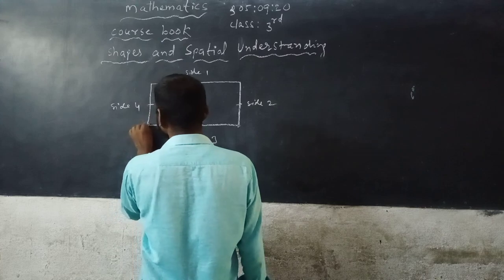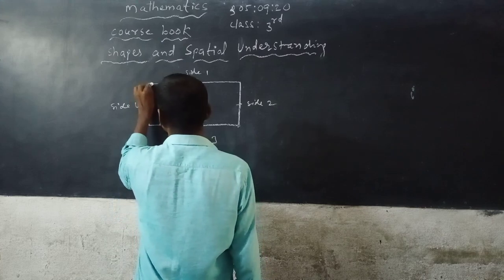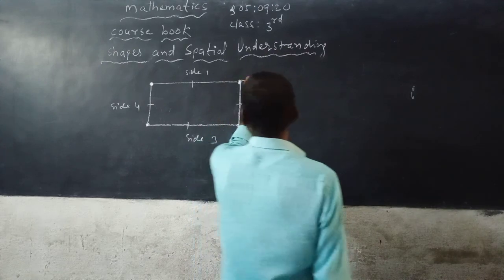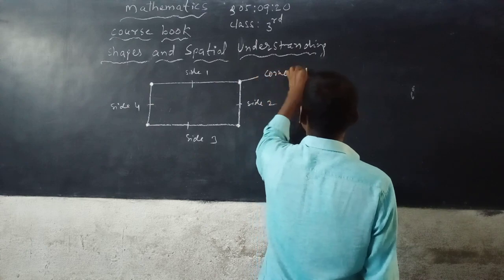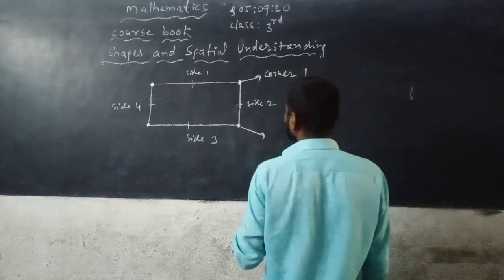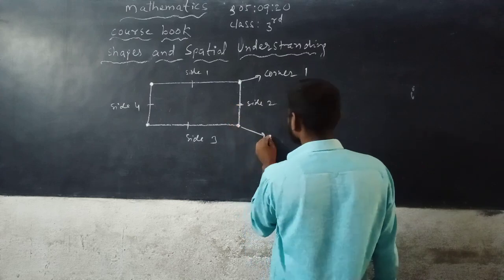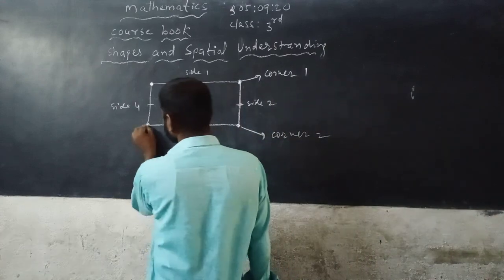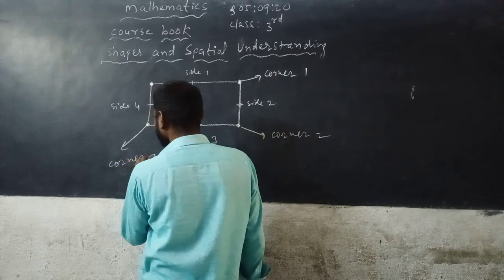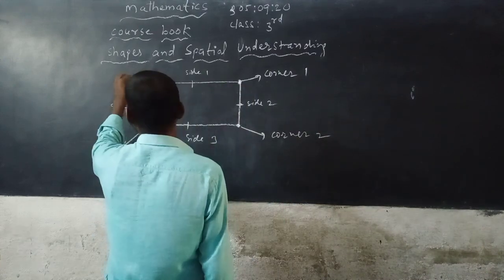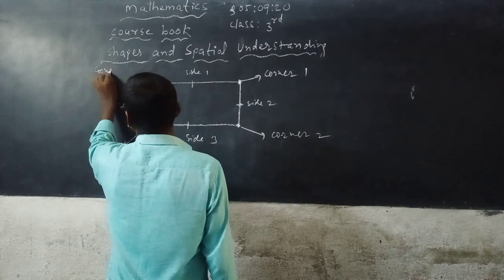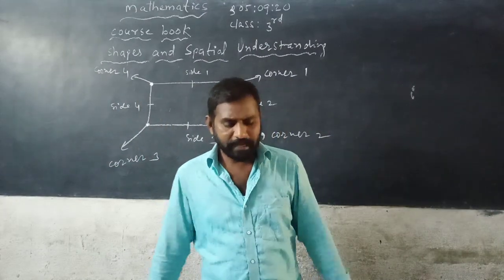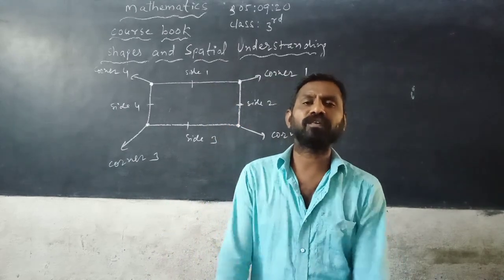These are the corners: corner 1, corner 2, corner 3, corner 4. A rectangle is a plane figure with four sides and four corners.